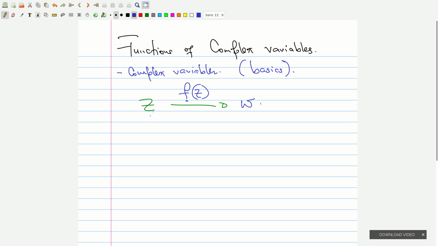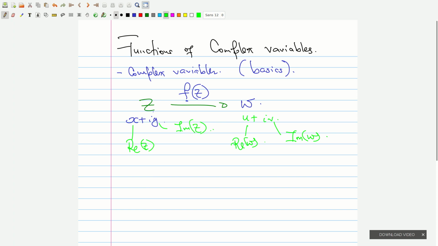So we map a complex number z, which we can write as x plus iy, to another unique complex number w, which we can write as u plus iv, where x and u are the real parts. This is the real part of z, and this is the real part of w, and then v is the imaginary part of w, and y is the imaginary part of z.